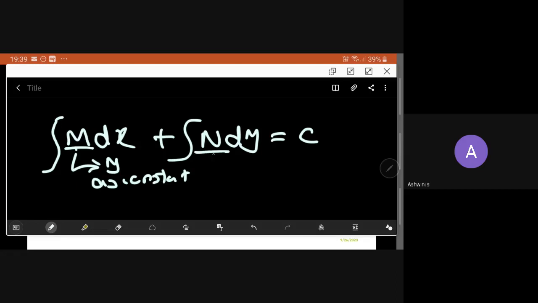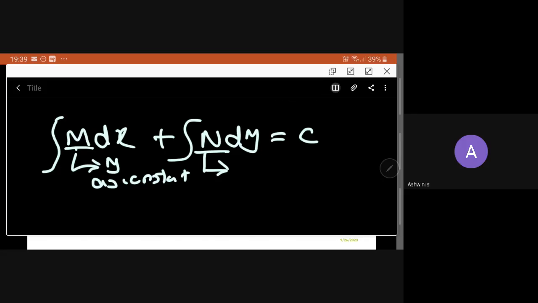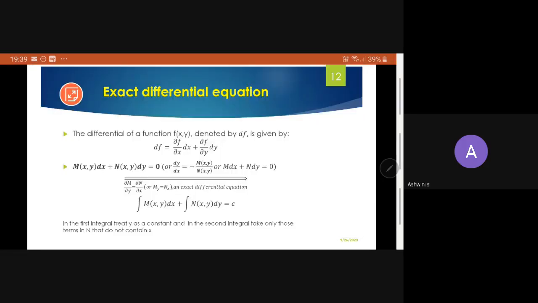While here with N, please don't take the whole N, but consider those terms of N that do not contain x.